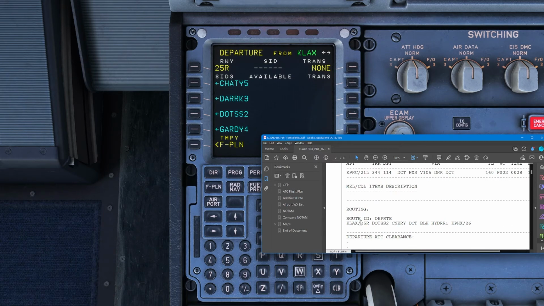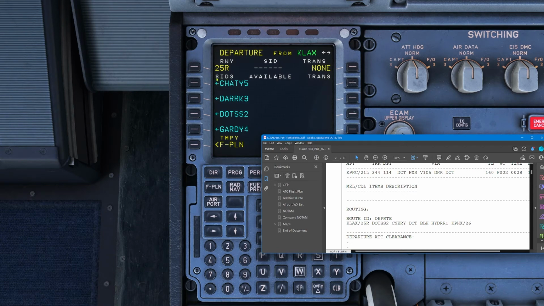So we just chose 25 right, and you read from left to right for your departure, all the way to your transition. Right? Okay. 25 right, we chose that. There it is up there. Dots to departure. So here are your SIDs.